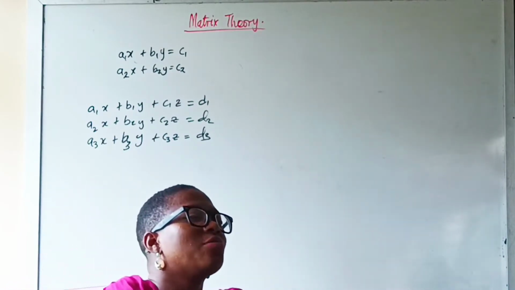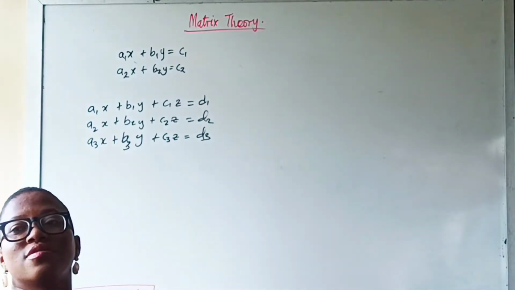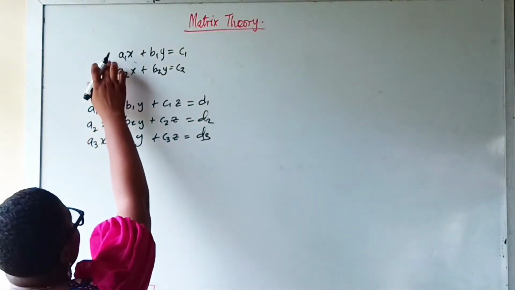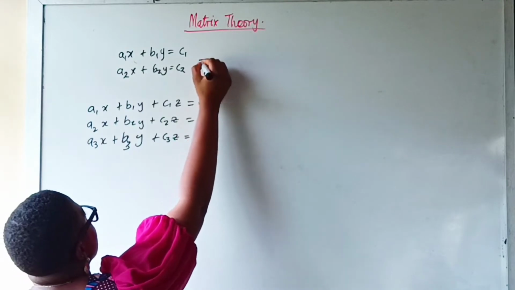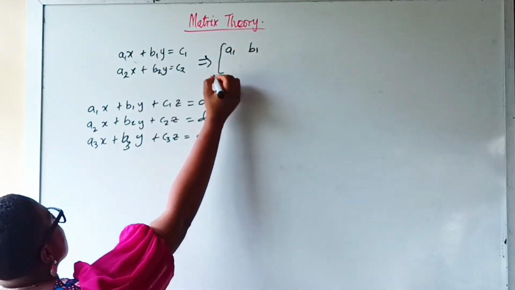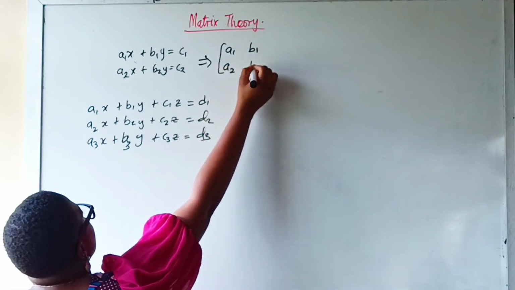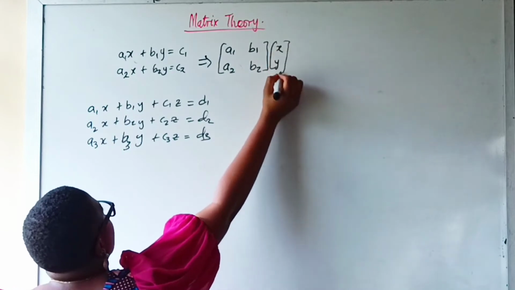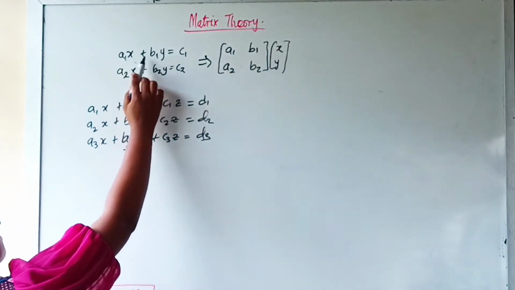When you are given a simultaneous equation, you can transform it to a system of equations. All you need to do is take the coefficients of x and y. You have a1, b1, a2, b2, times x, y. If you multiply these two matrices, you should get this back.